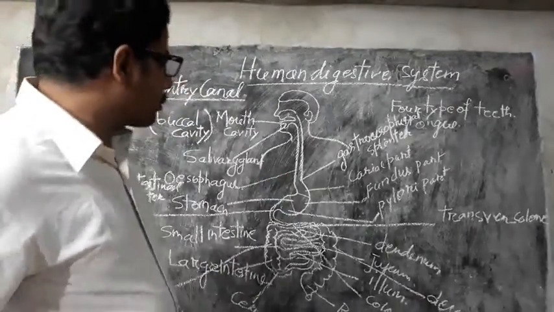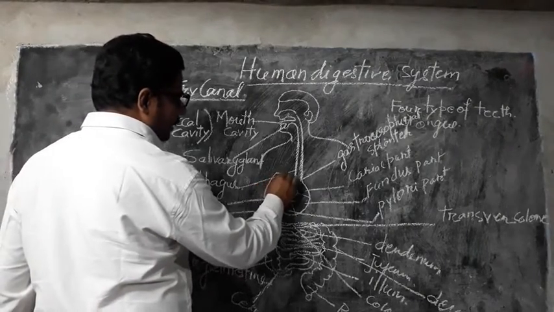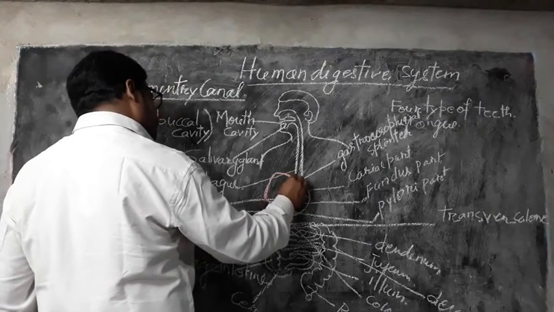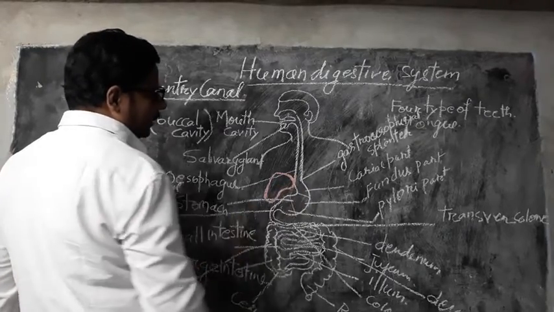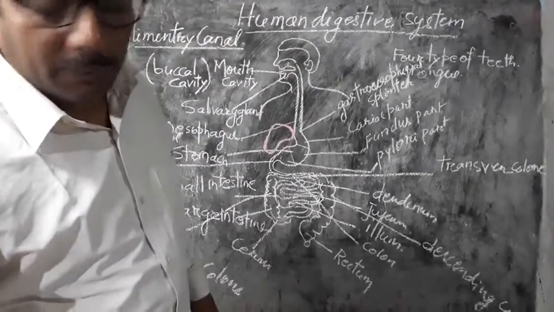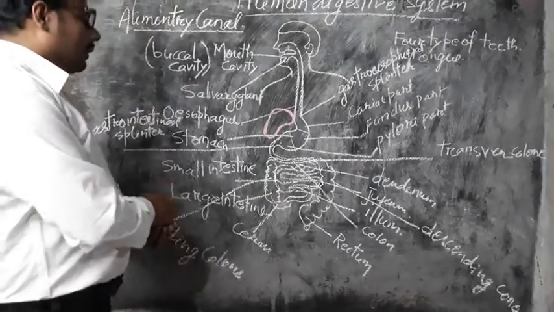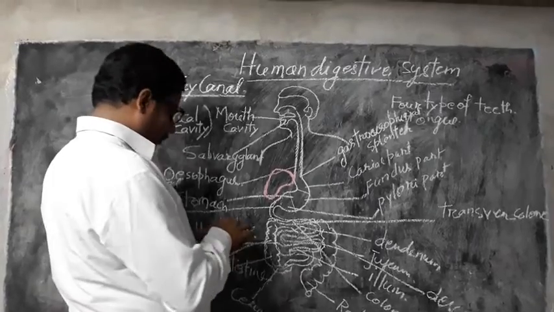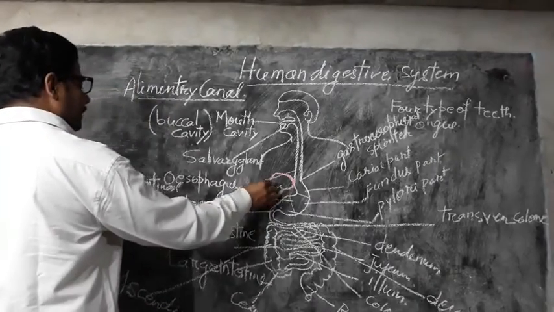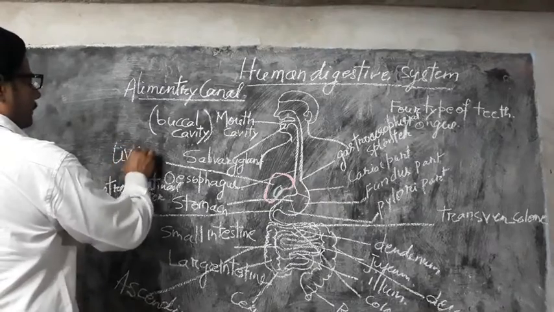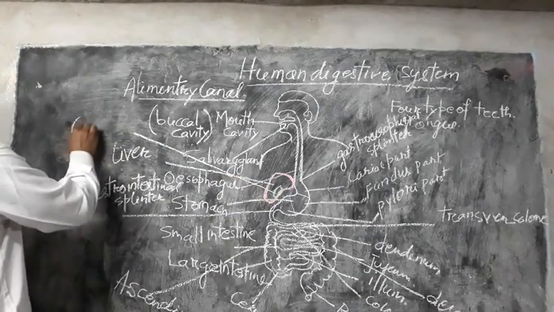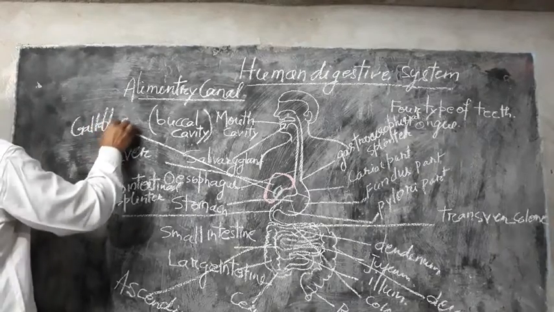This structure is called the liver. The liver is the largest gland of our body, which is associated with a tube-like structure called the gallbladder. The liver, the largest gland, is associated with one more gland, that is called the gallbladder.